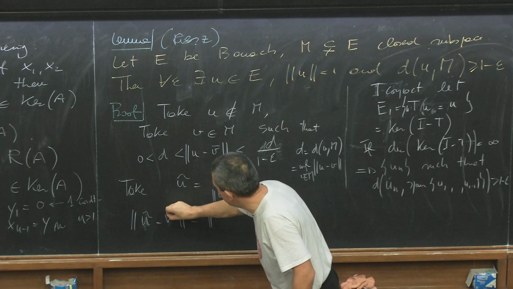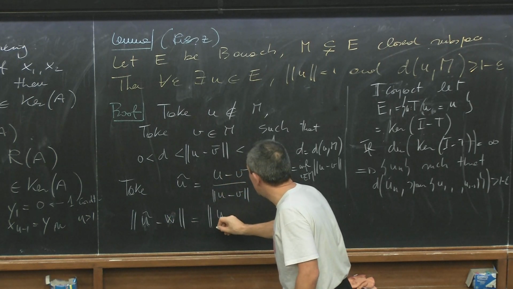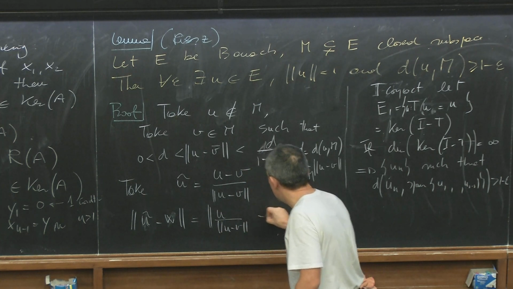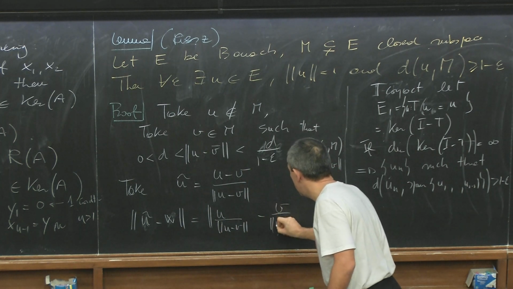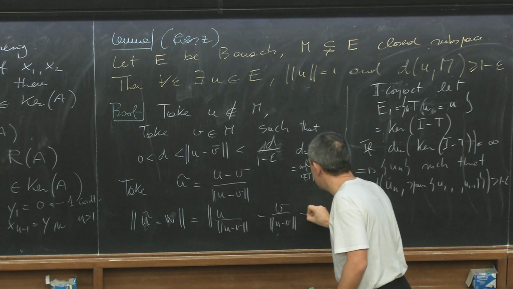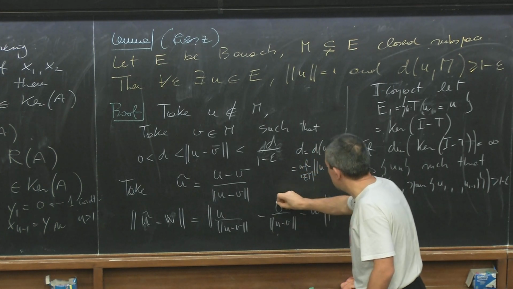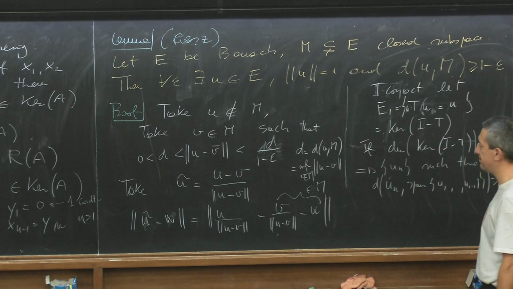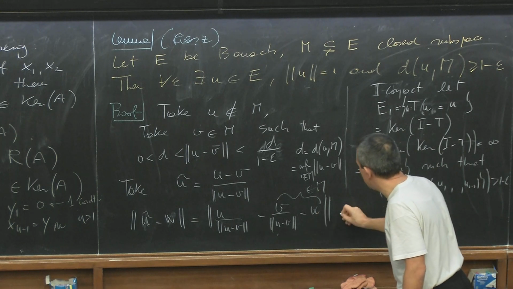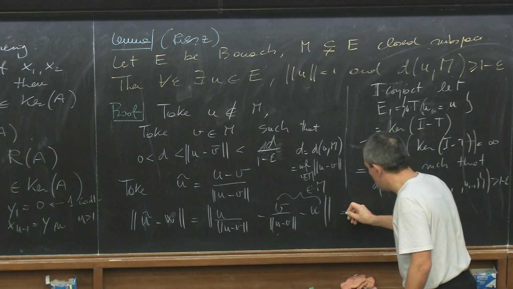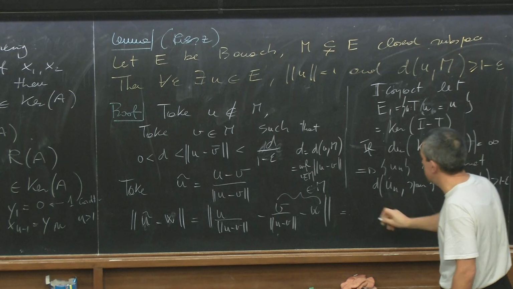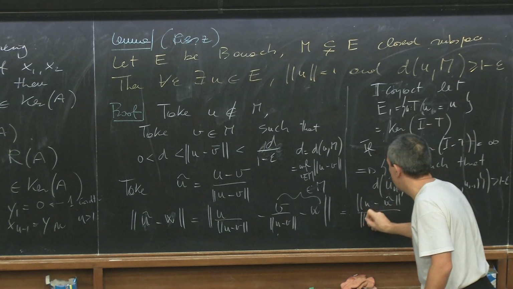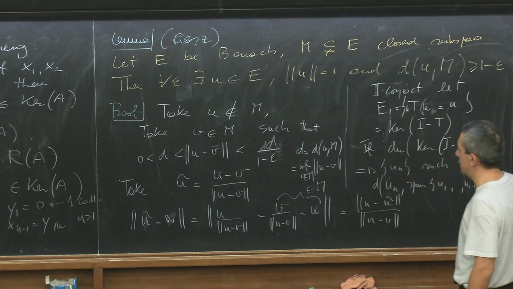For any W in M, U over the norm of U minus V, minus V, minus W, belongs to M, being a linear subspace. So by definition, this is U minus some W tilde over the norm of U minus V.